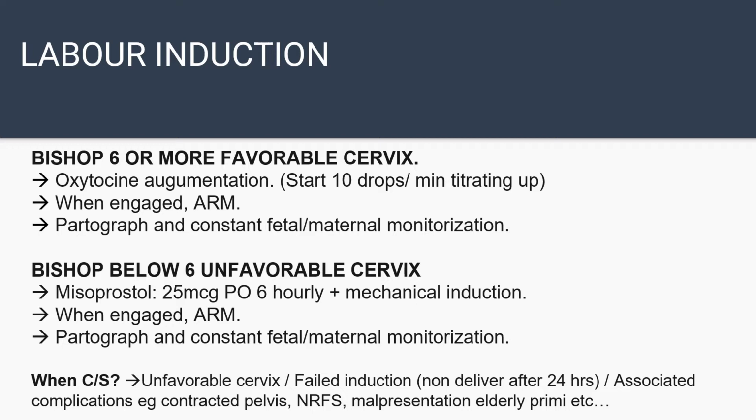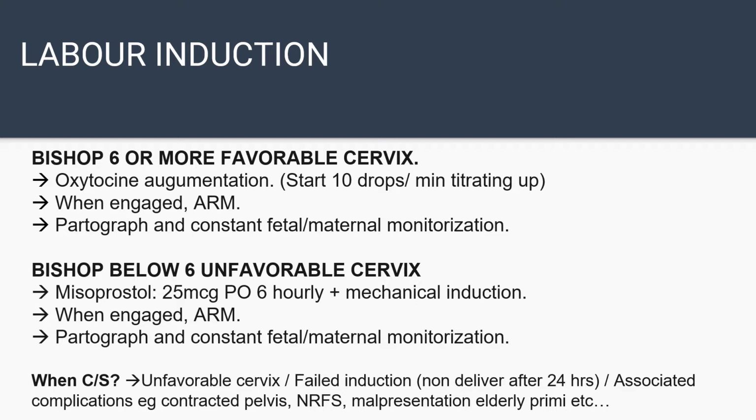Of course, it's very important to fill the partograph with constant fetal and maternal monitorization, and of course the BPs and the maternal well-being must be very important because this is an ill mother, so we need very close monitorization of that mother.